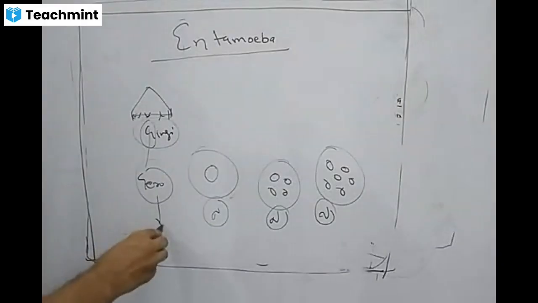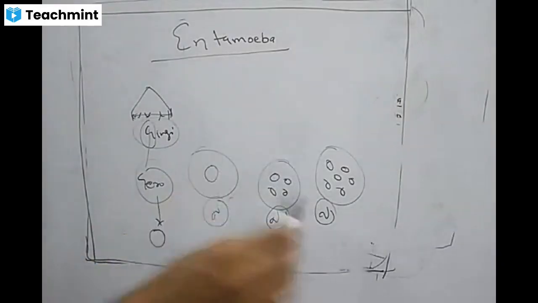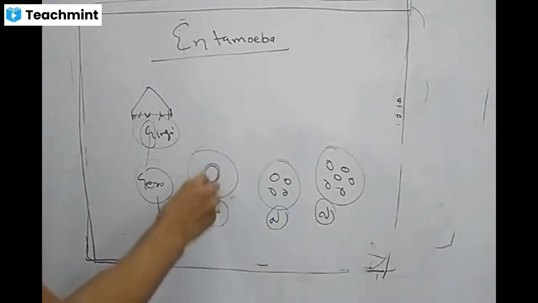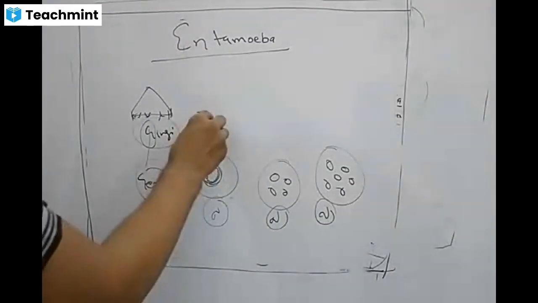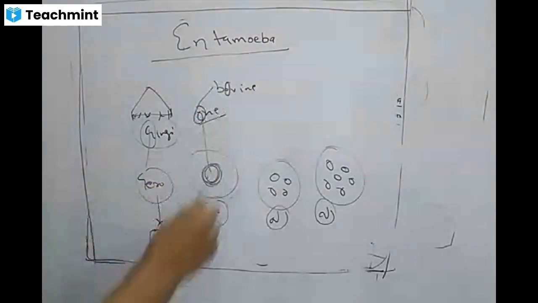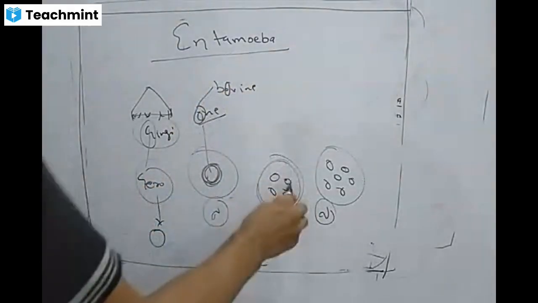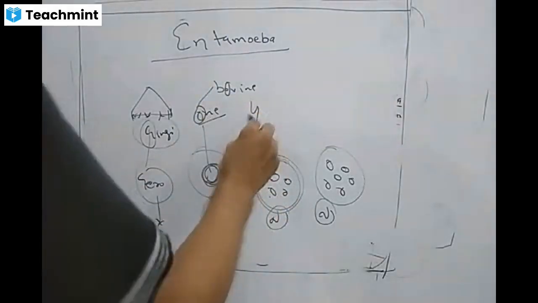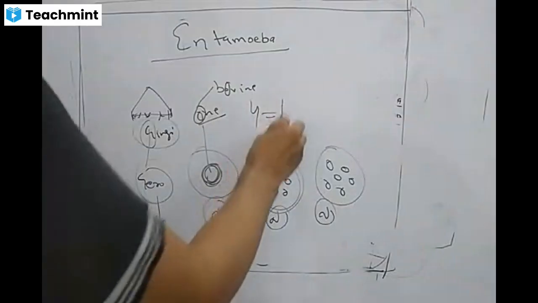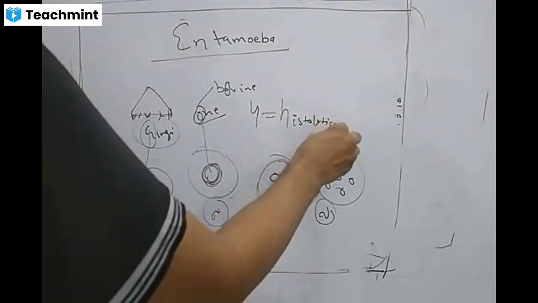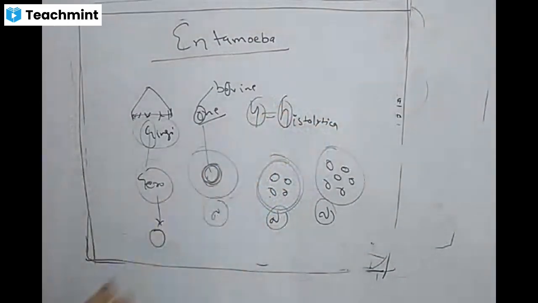Remember like this, G for 0 means there is no nucleus inside the cyst. If there is O, O means 1, and that one may be your bovis. And there may be 4 nuclei present in the cyst, and we write 4 like this, and if we invert this, it will become histolytica. So this is the 4.